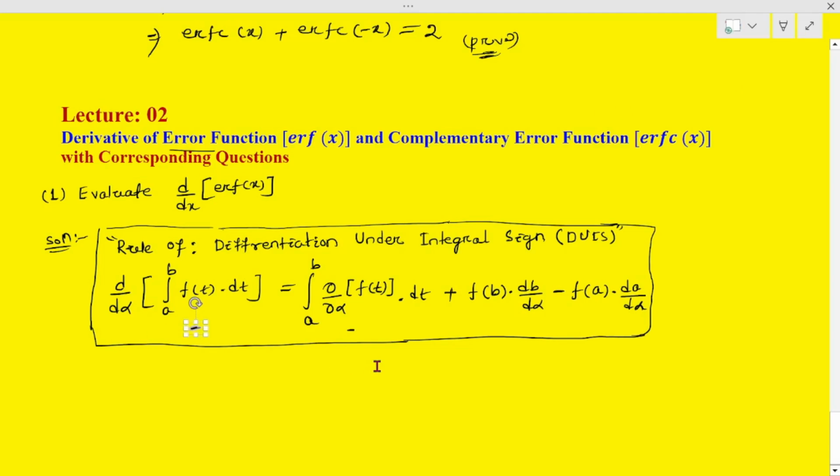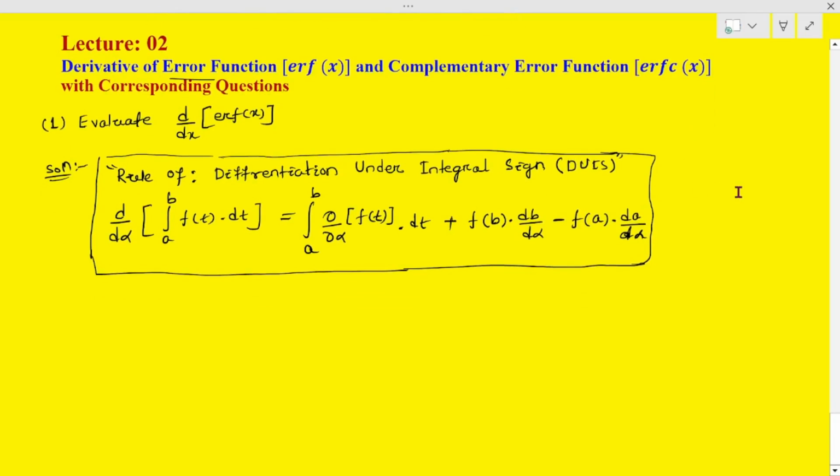If we have an integral function from a to b of f of t dt, differentiated with respect to alpha, the first term will be the integral from a to b of del by del alpha of f of t dt, plus f of the upper limit times the derivative of the upper limit with respect to alpha, minus f of the lower limit times the derivative of the lower limit with respect to alpha.